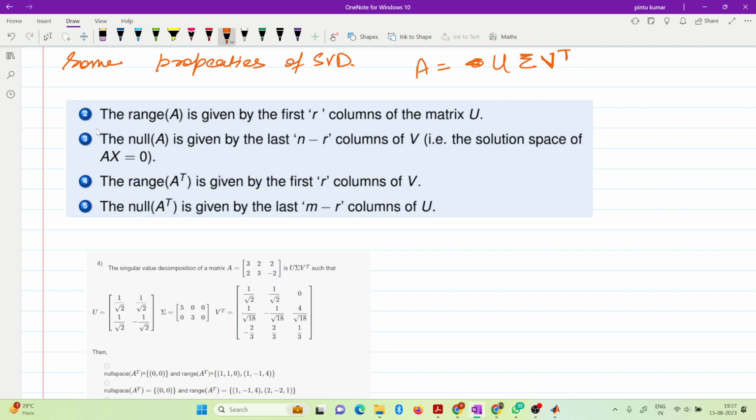The first point says something about the range of A. A is also a linear transformation, since every matrix corresponds to a linear transformation and every linear transformation corresponds to a matrix. The range of A is given by the first R columns of your matrix U. If you look at the first R columns of U, they form a basis for the range space of A.